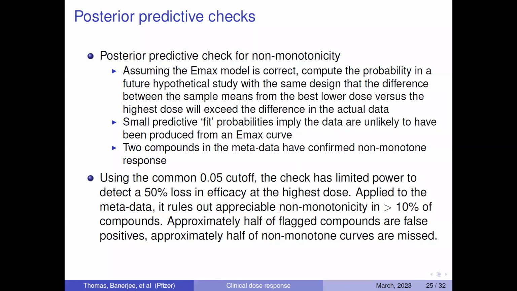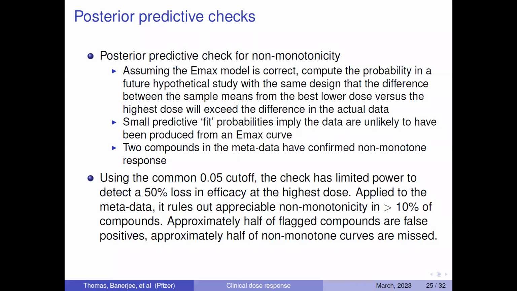We're now going to assume it's correct, and compute the probability that if we ran another study, a future hypothetical study, with the same design as the study we're evaluating, and we looked at the difference between the sample mean for the best of the lower doses versus the highest dose, we want to look at what's the chance that what we would get in a future study would be as good or better than what we actually observed in our data.